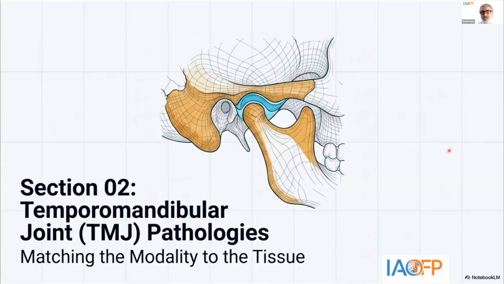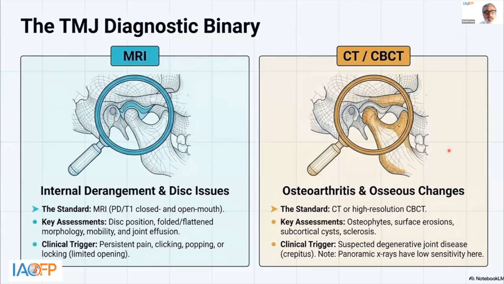These modalities enable a more precise and targeted diagnosis of TMJ disorders. A practical approach to TMJ imaging is to think in terms of soft tissue versus hard tissue, as I mentioned earlier.